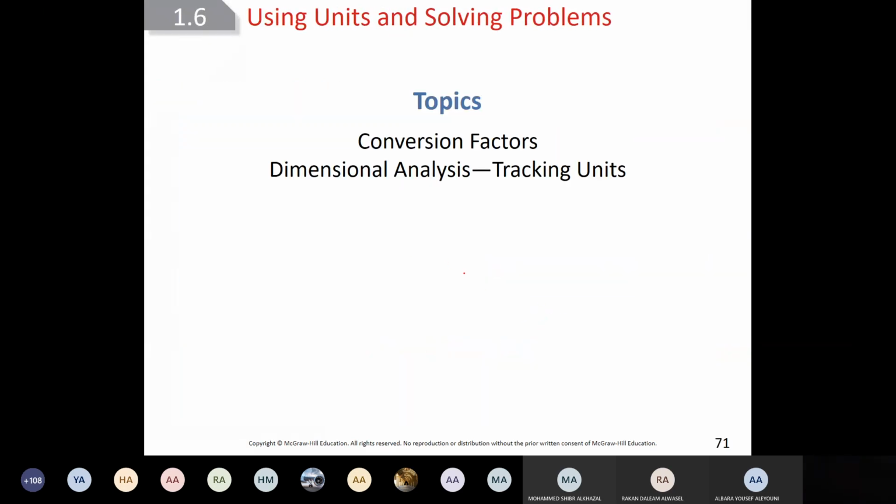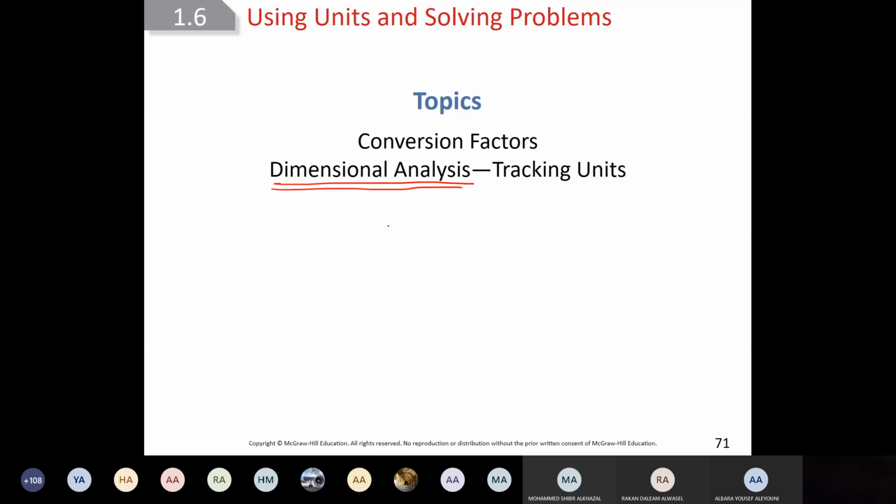Now, the last topic I will talk about very quickly. If you want to change something from one unit to another, this is called dimensional analysis, a very important word. What do I mean by dimensional analysis?